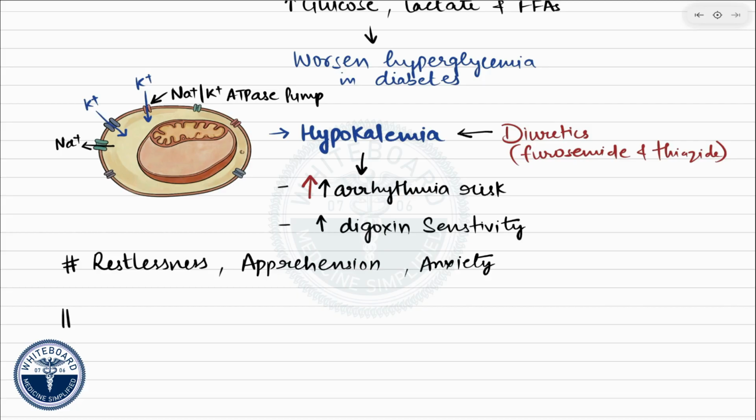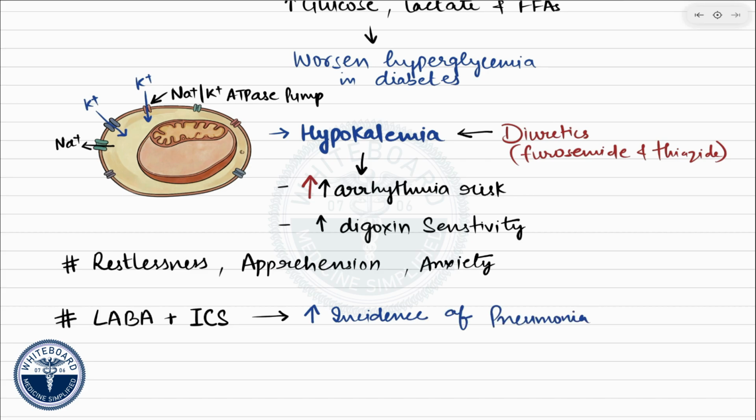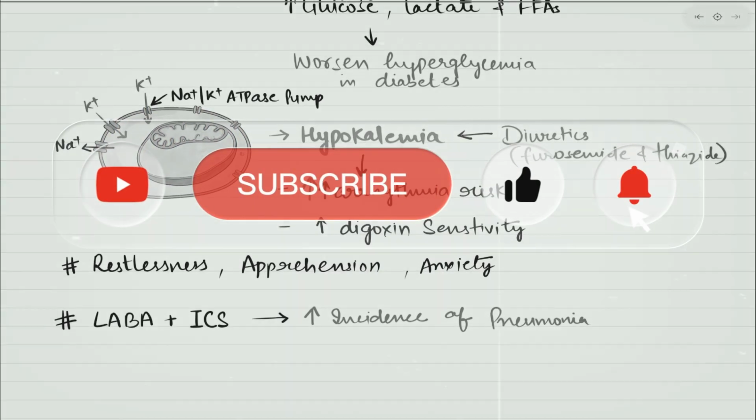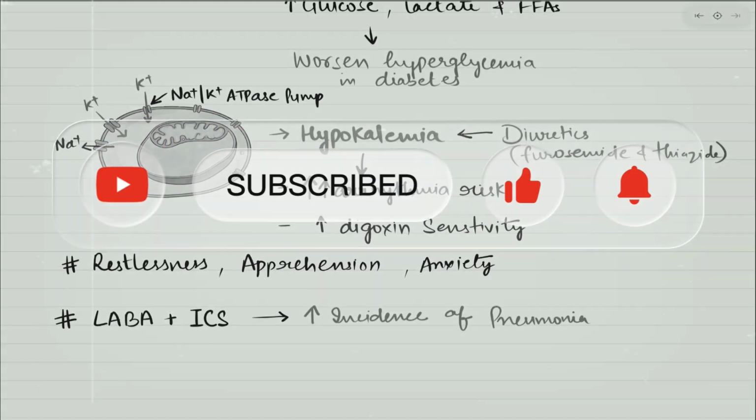Finally, long-acting beta-2 agonists used in the treatment of COPD, particularly when combined with inhaled corticosteroids, have been associated with an increased incidence of pneumonia, and patients receiving these therapies should be monitored appropriately. In experimental animals, very large doses of beta-adrenergic agonists have been shown to produce myocardial necrosis, although this is not a typical adverse effect seen with therapeutic doses in clinical practice.